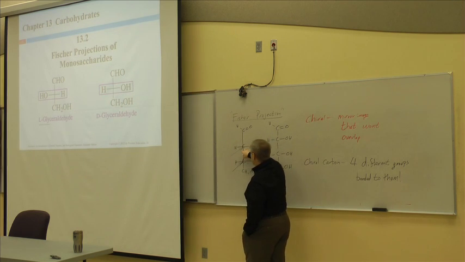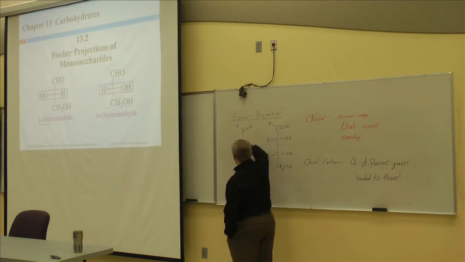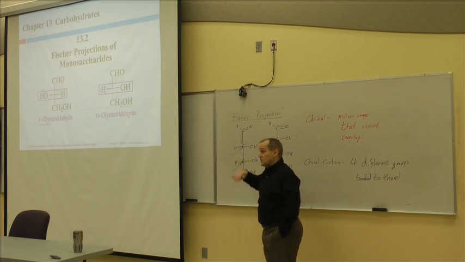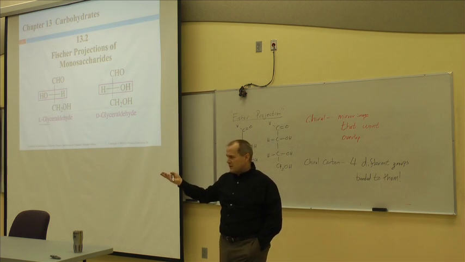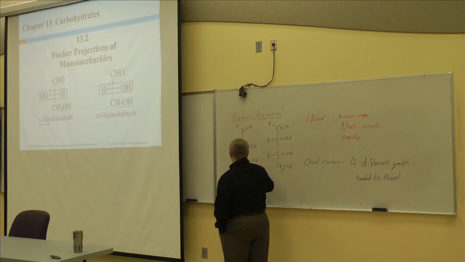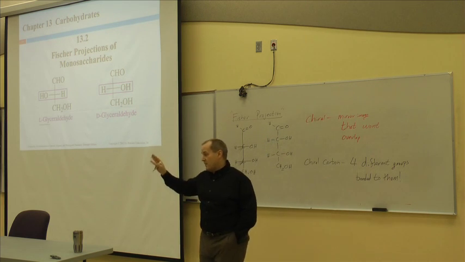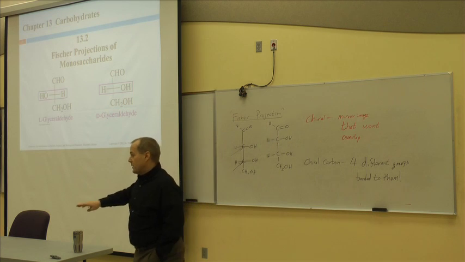Let's examine this carbon right quick. Hydrogen, OH, aldehyde, and this big carbon group down here. So that carbon has 4 different groups attached to it. Can you all kind of see that? The bottom one does too: CH2OH, H, and this big group up here. So there's 2 chiral carbons in that molecule. That's not uncommon. Sugars have many of them.